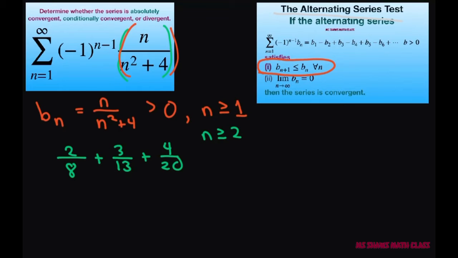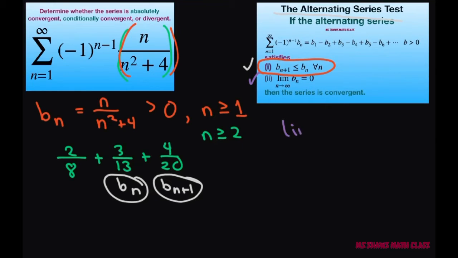So this is decreasing. This is b sub n, this would be b sub n plus 1, and this number is larger than this number. So that holds. The next thing we have to do is check condition 2.